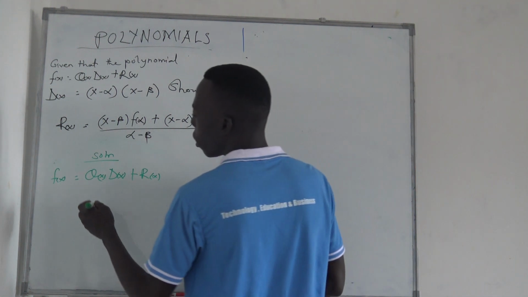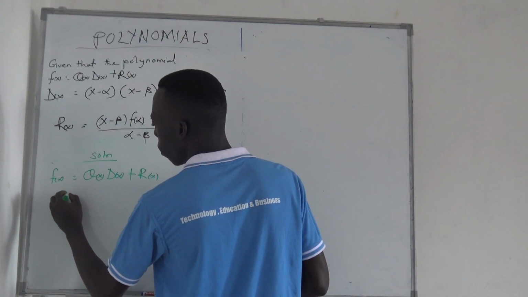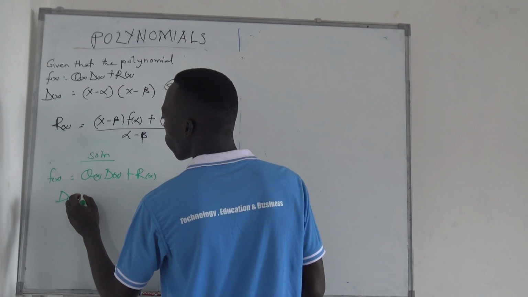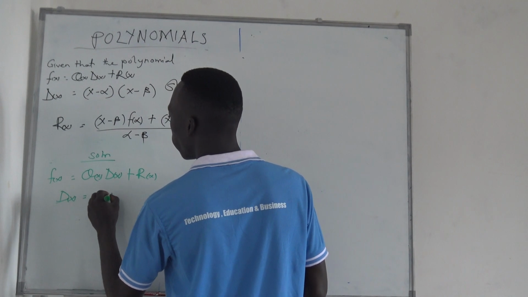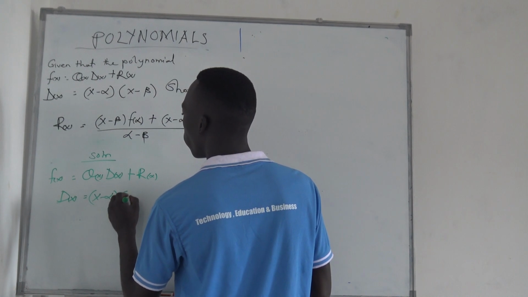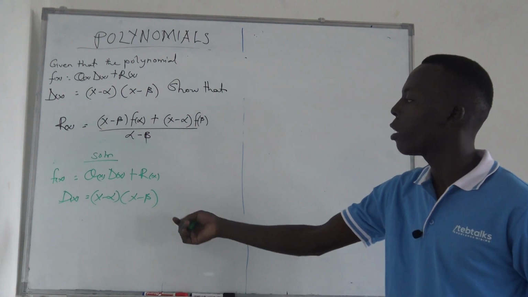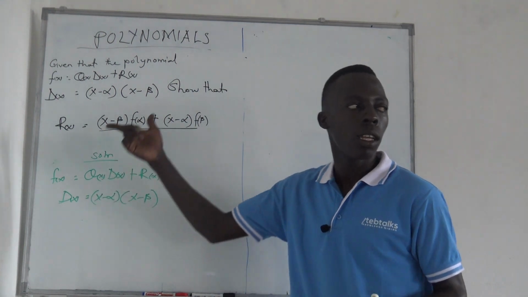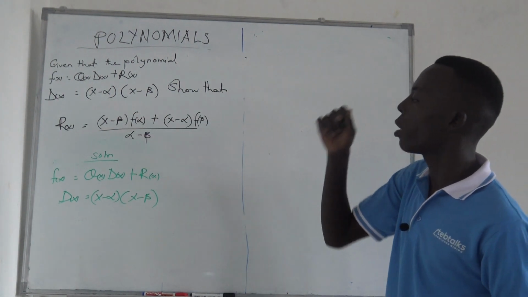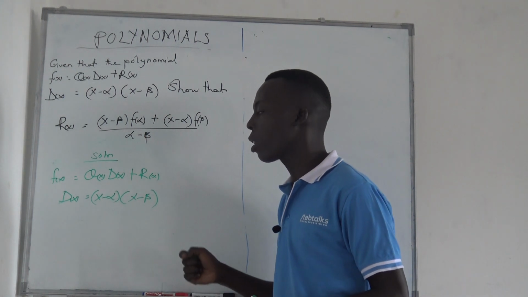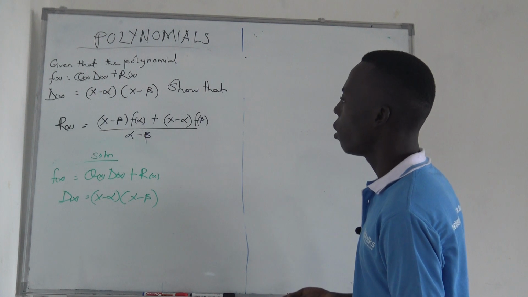Also that the divisor of x equals x minus alpha into x minus beta. So we said when it is like this, like from the other example which we have seen earlier, we do everything individually.